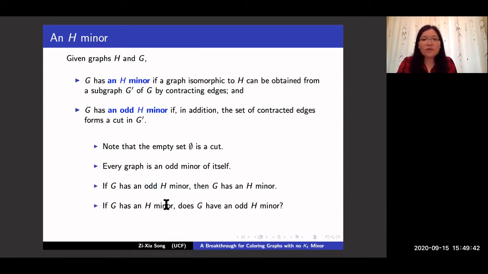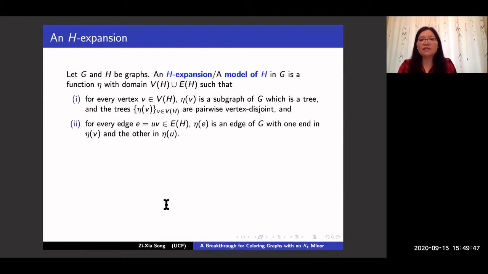So to give you a better understanding of the concept, I'm going to define this one slightly differently, okay? So I have given you 2 graphs. An H expansion, in our paper, we also call it a model of H in a graph G. It's a function eta with domain V(H) union E(H), such that if you take any vertex in V(H), from H, eta(v) is a connected subgraph of G. From a connected subgraph, you can take a spanning tree out, right?